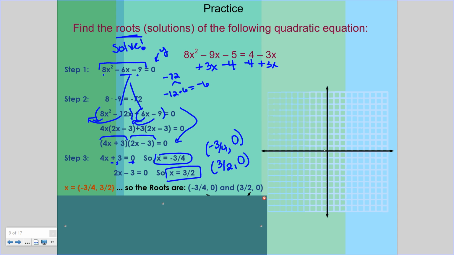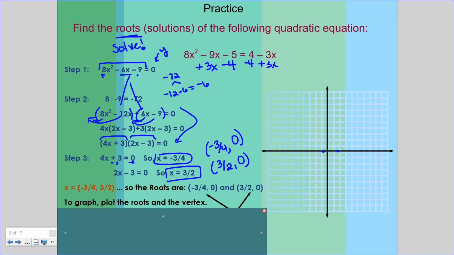That means I could come here and plot these, and it's a little tight, on my x-axis as points. We now have 2 points for the parabola. You can tell because A is positive that it's going to be opening up. So lastly, to finish graphing this, if we wanted to, we would finish by finding the vertex. So remember that your vertex is found using x equals negative b over 2a.